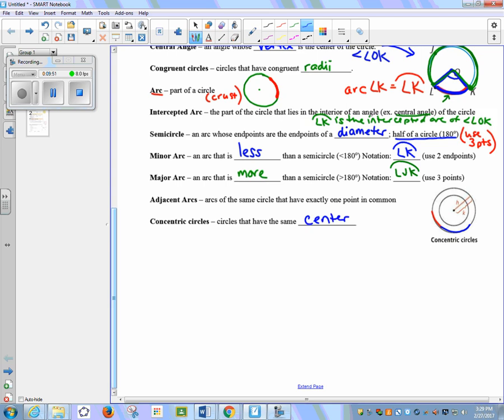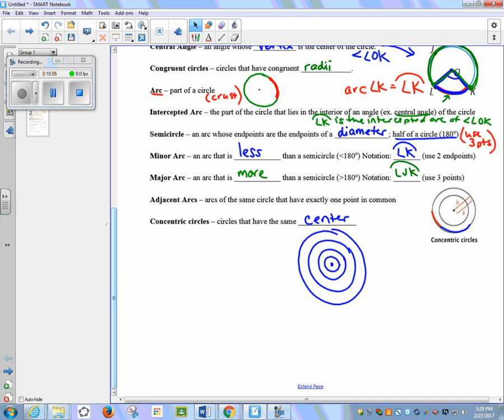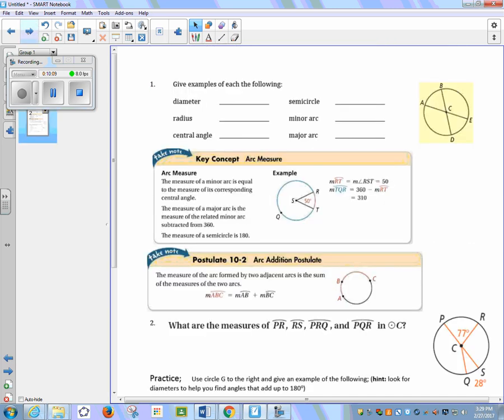So if you throw a rock into a pond and you have the ripples that come out like this from the rock, all of these are concentric circles because they have the same center. Also, you might think of a target or a bullseye. All right. So this next piece right here is just getting you to practice using some of these terms.